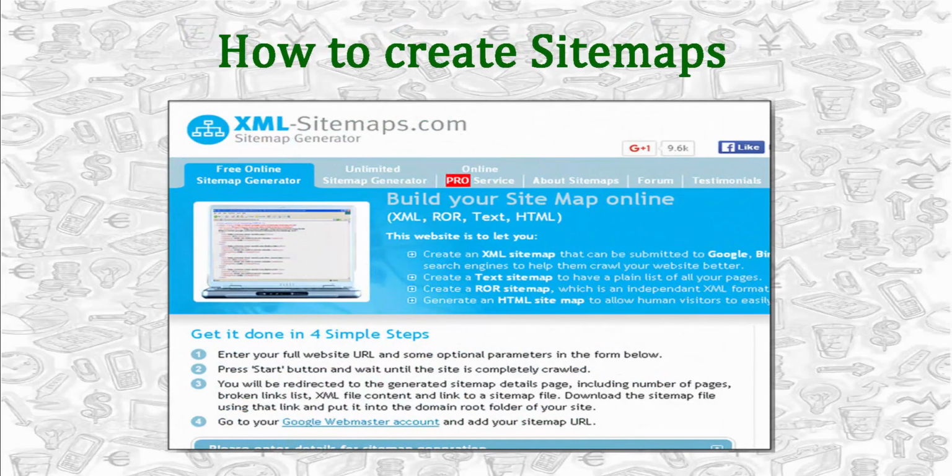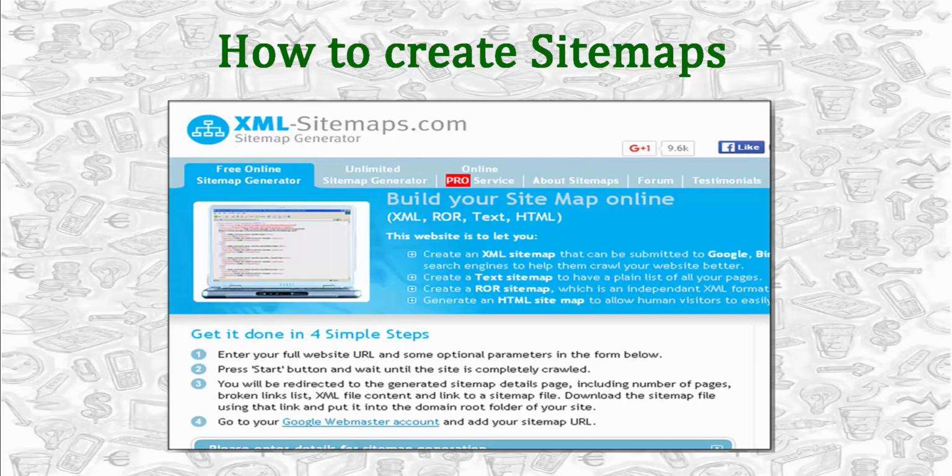Next, we move on to how you create the sitemaps. There is something called a free XML sitemap generator. You can have your XML sitemap, you can have your HTML sitemap, and when you say XML sitemap, you can have it for a normal web page, an image, as well as a video.